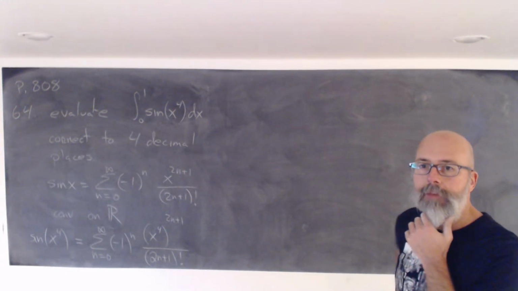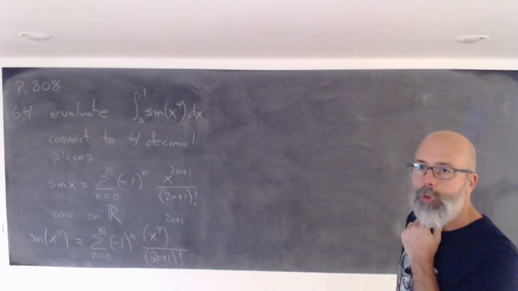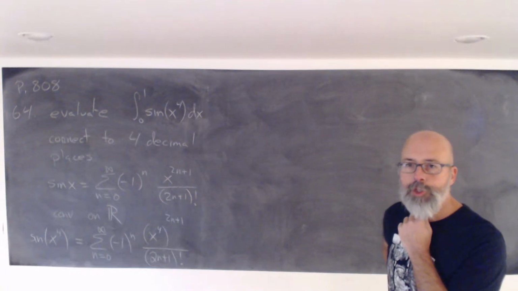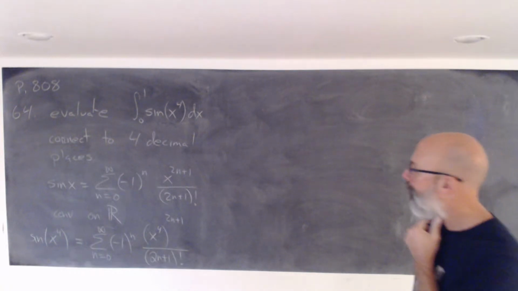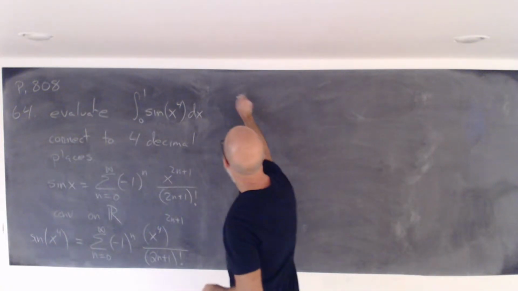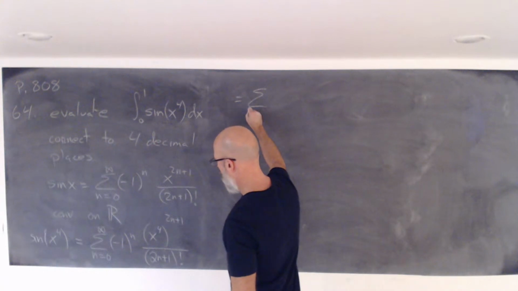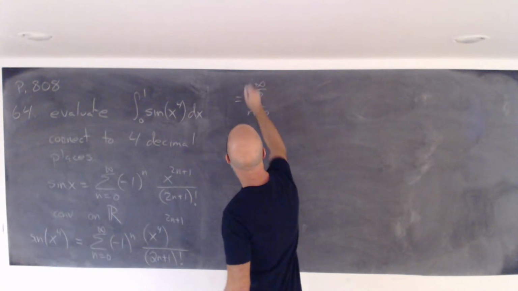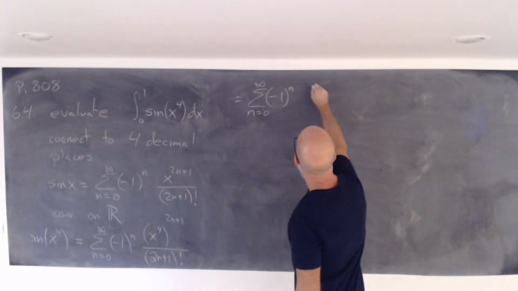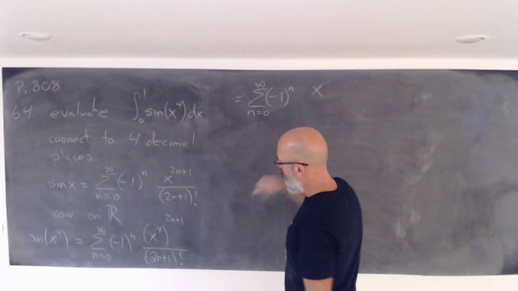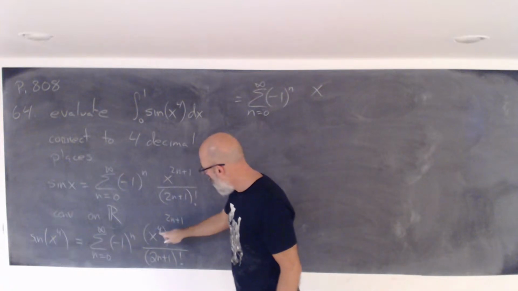So Sid is asking if this question came up on the exam, would we need to find the series for sine x again? The answer is yes. So this is the powers multiply, right?